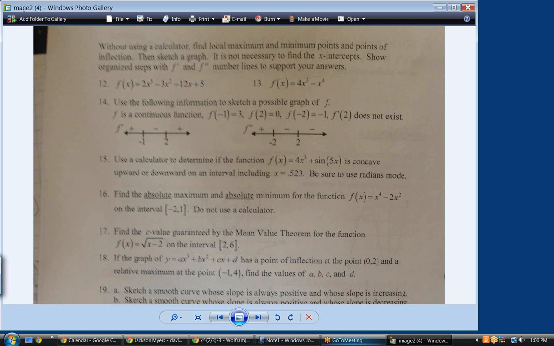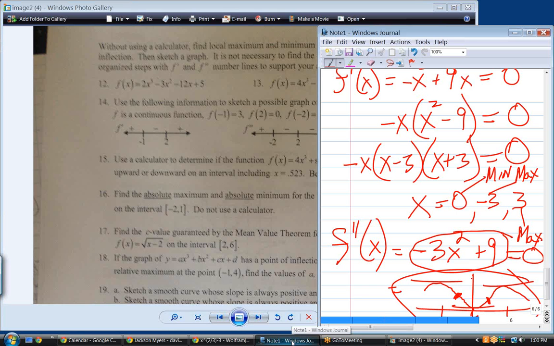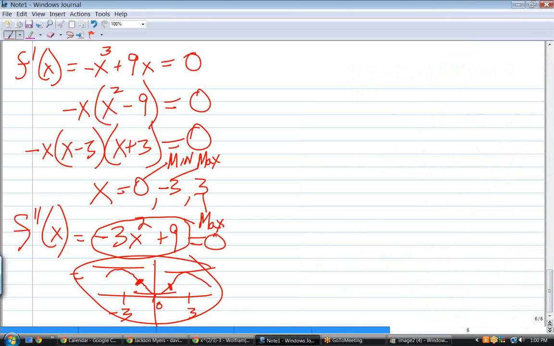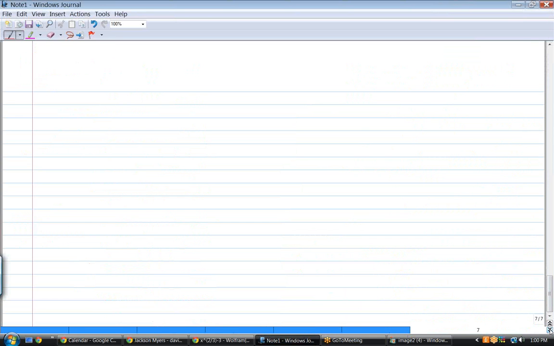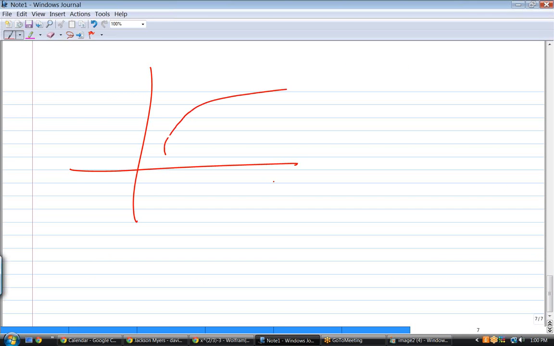Okay, the mean value theorem basically says the following. I've got my theorems right. If I have a function like that, and I can figure out the average rate of change between any 2 points, which is the slope of that line, then there has to be some point where the slope is parallel to that.